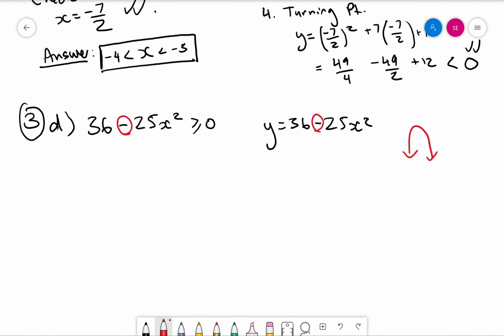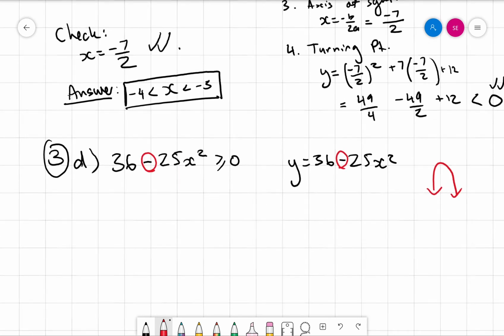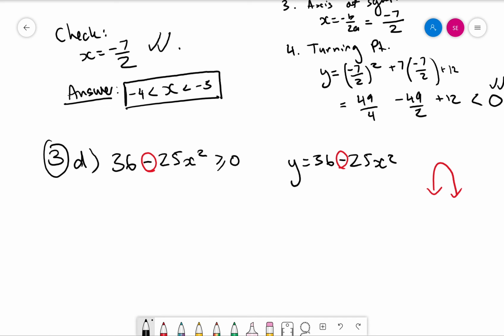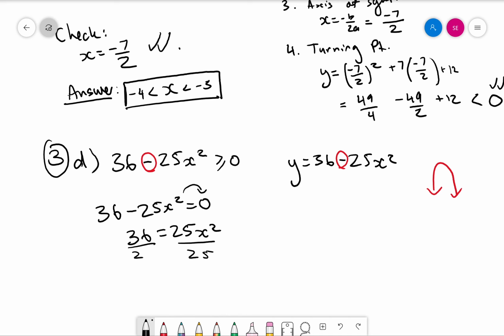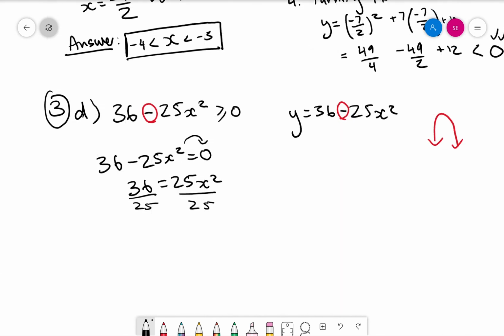Alright, so let's do the same thing we've done so far. Let's find the x-intercept. So let's take this expression, 36 minus 25x squared, and let's let it equal to 0. Okay, so what we'll do is maybe we'll plus 25x squared, and we'll take it over this side. So we'll get 36 is equal to 25x squared. And then why don't we divide by 25 now, because we want to get rid of what's in front of the x squared.